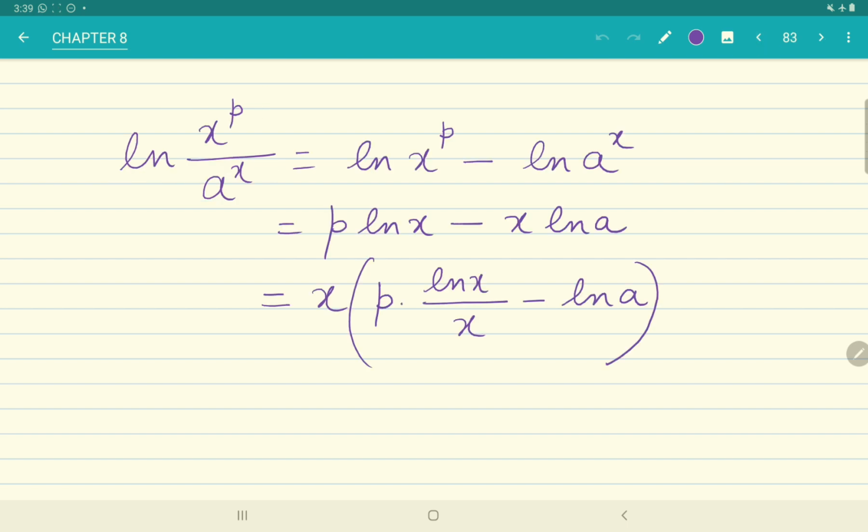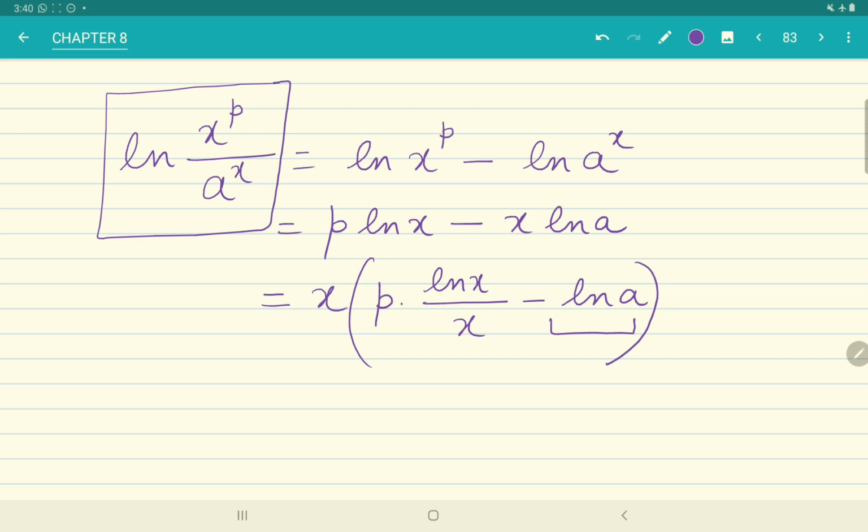So now we take a look at this. We have to prove that the limit of this expression as x tends to infinity is minus infinity. In fact, I should prove that ln x^p divided by a^x tends to minus infinity as x tends to infinity. I know that ln a is greater than 0.